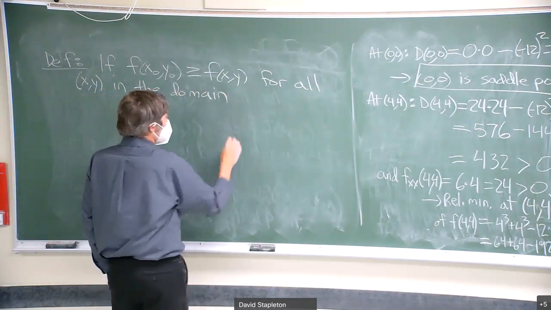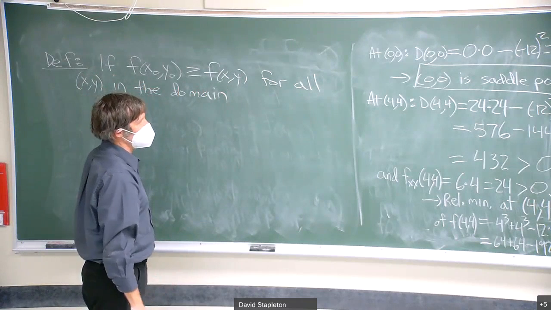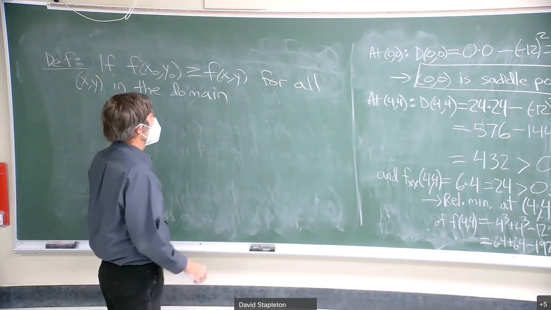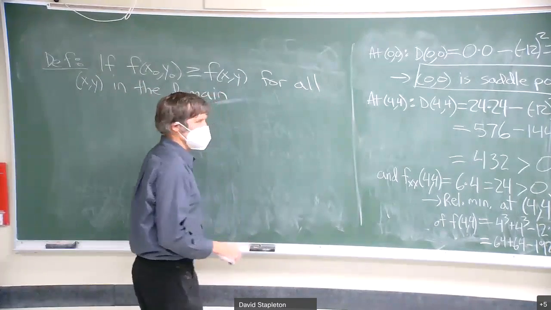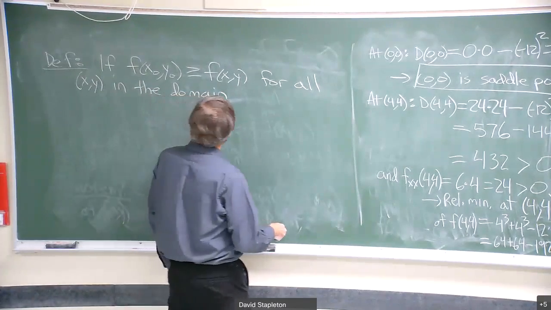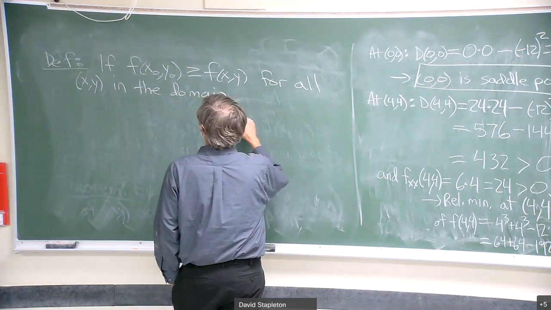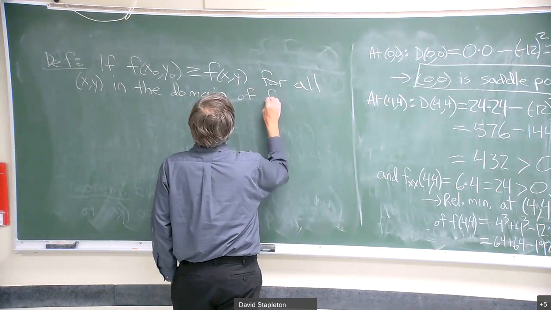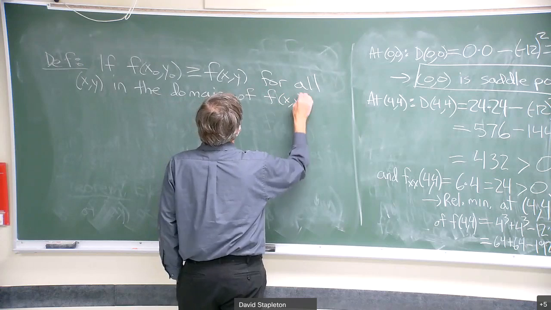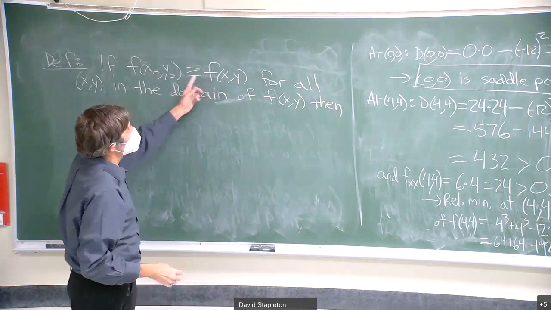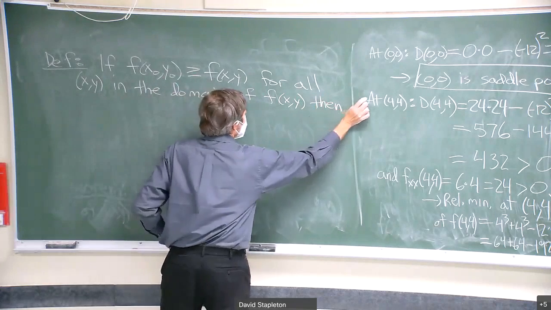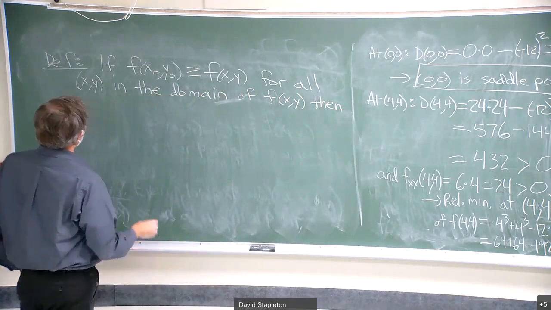I was going to do more on calculus 1 as a background to this, but I have to make sure I can finish the lecture here. I'm going to do Murphy's other law: always start to build something I can't finish. In the domain of f, if it's bigger than or equal to every other value, then it must be a global maximum.